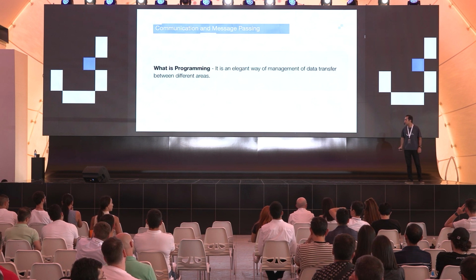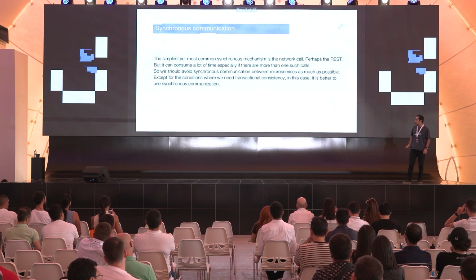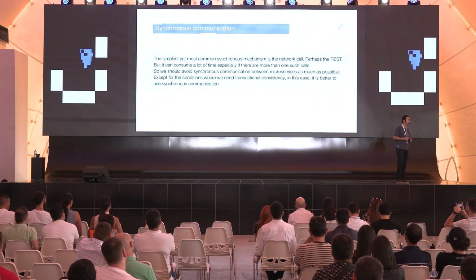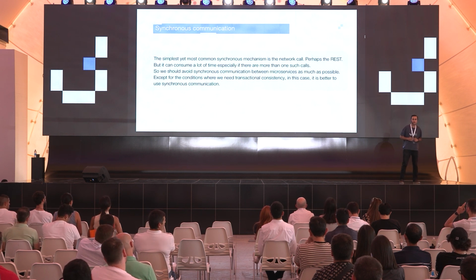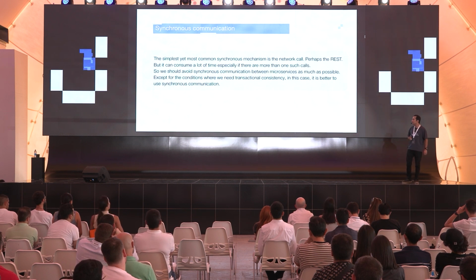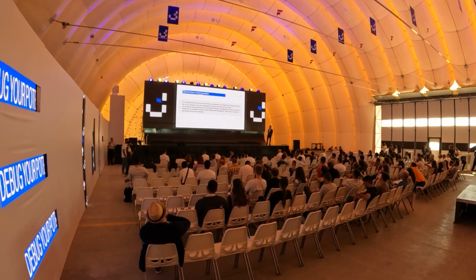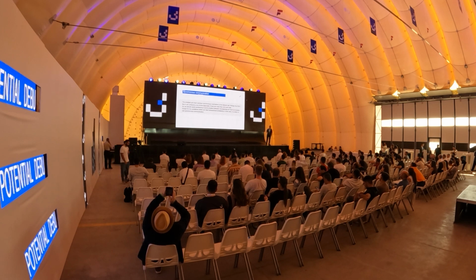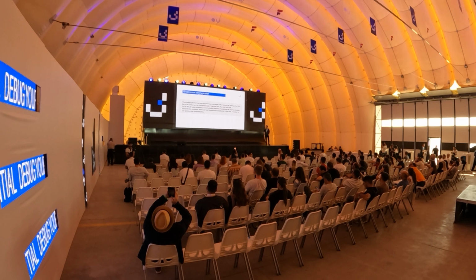Now let's see what kind of communication patterns we have. In general, there are two types of communication patterns or techniques: synchronous communication and asynchronous communication. The most common synchronous communication is the network call, perhaps a RESTful API or REST, when one microservice sends an API request to another microservice.